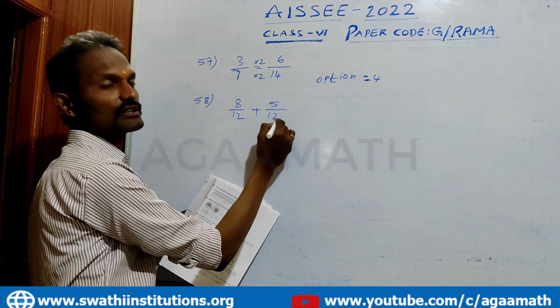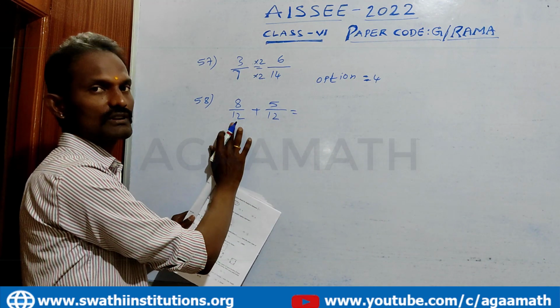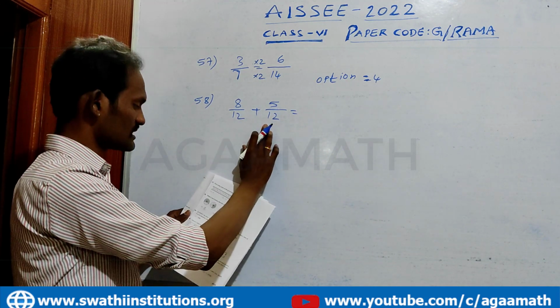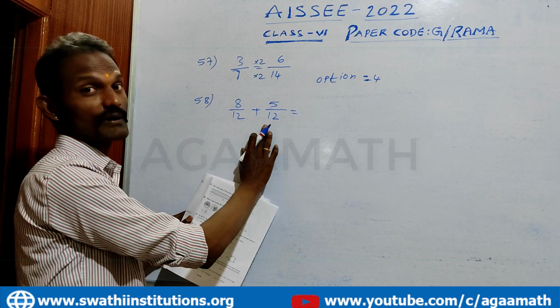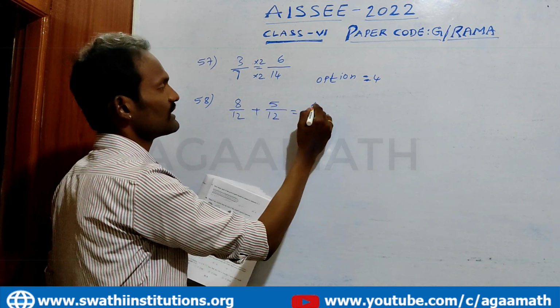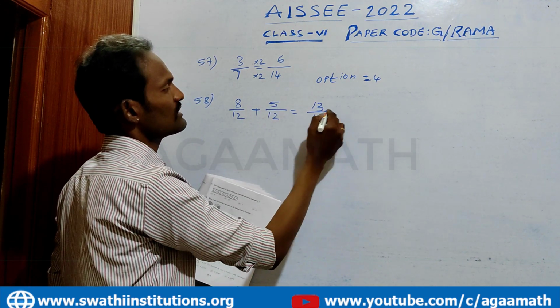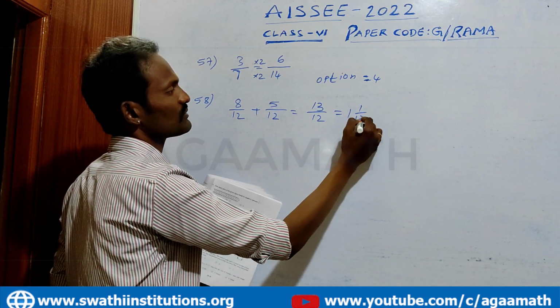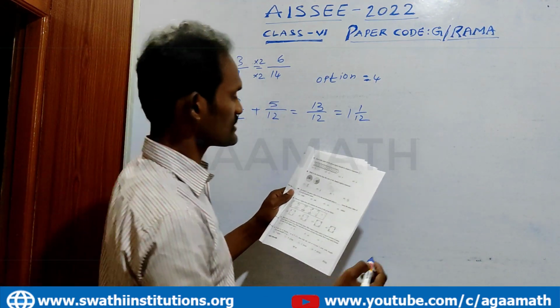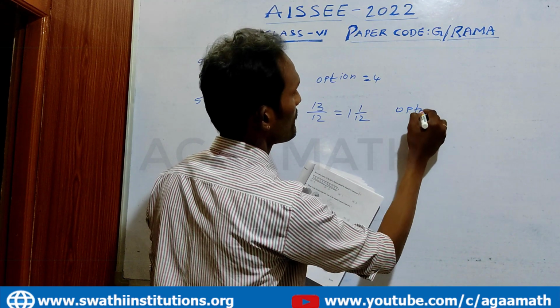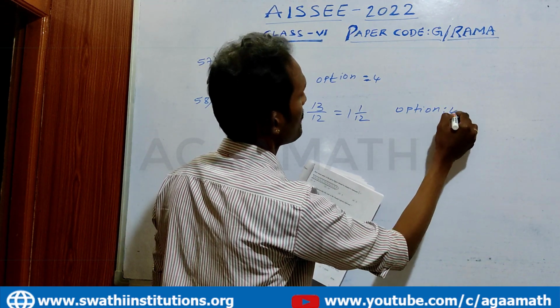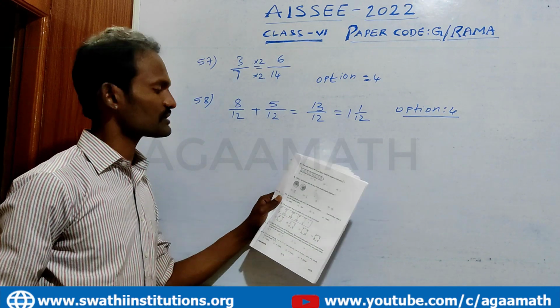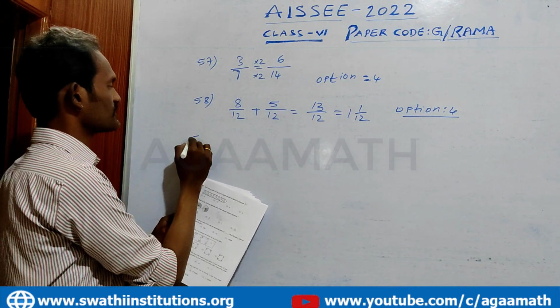So that is 5/12. If you add, 8 plus 5 is 13/12, which equals 1 and 1/12. So the answer is option 4 for the given question.